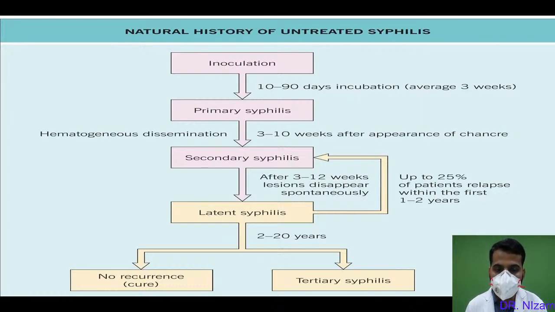From secondary to latent it takes around 3 to 12 weeks, and from latent, some 25% of patients relapse within 1 to 2 years. After latent syphilis, it takes around 20 years to go into tertiary syphilis. This is the natural history of untreated syphilis. If it is treated at any point of time, that may stop.